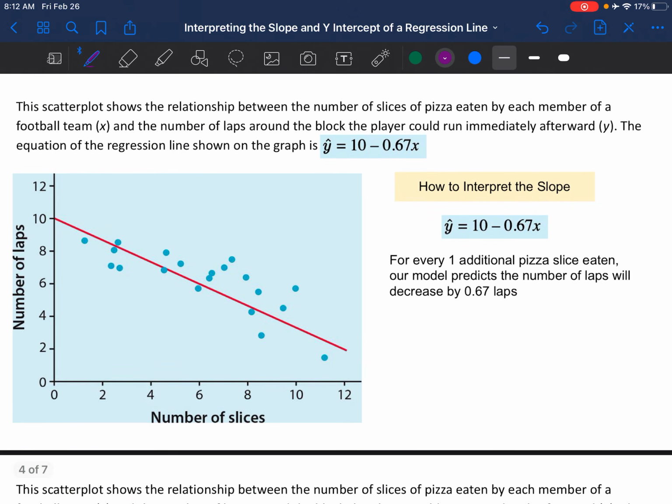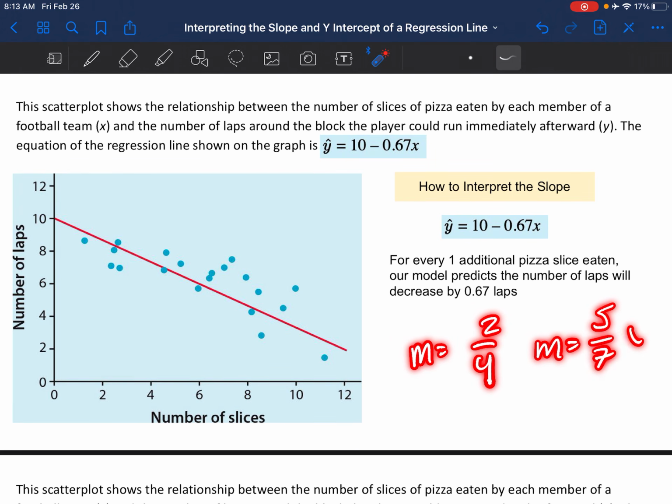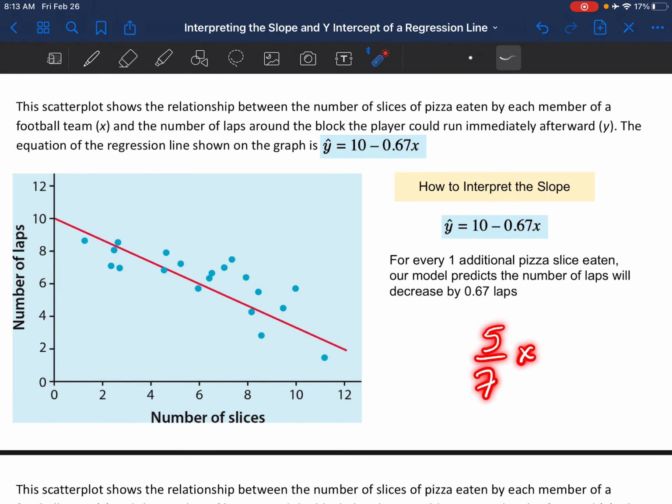Let's think specifically about the slope here. In algebra, you might see slopes like m equals 2 over 4 or m equals 5 over 7. It's okay if we had a fraction. But in stats, we're going to focus on the bottom number being 1, on our change in x only being 1.